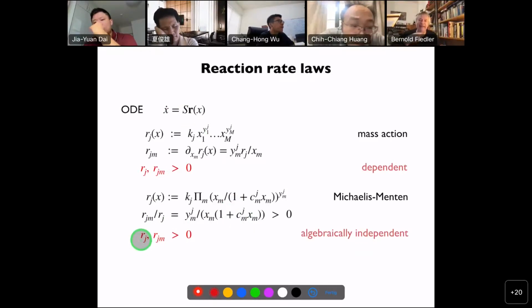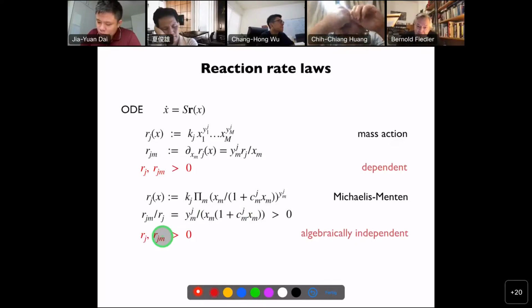I'm talking directly about Rj and Rjm as new algebraic variables, which allow me to analyze the systems. And when I talk about all values of Rj, Rjm, then I talk about all possible coefficient values.